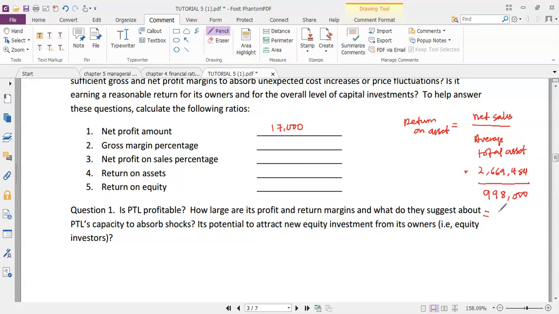So you get the answer is 2.67 return on asset. Okay. Did you understand how to calculate the average total asset? Michelle, Rishi? Yes, madam. Okay, very good.